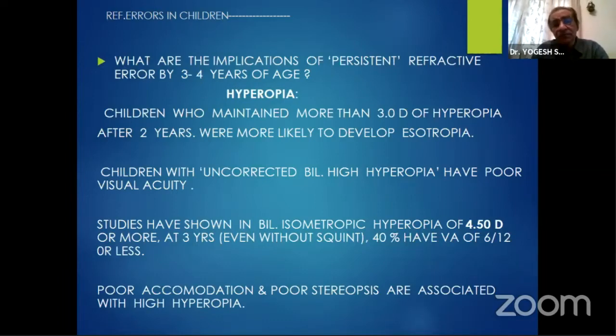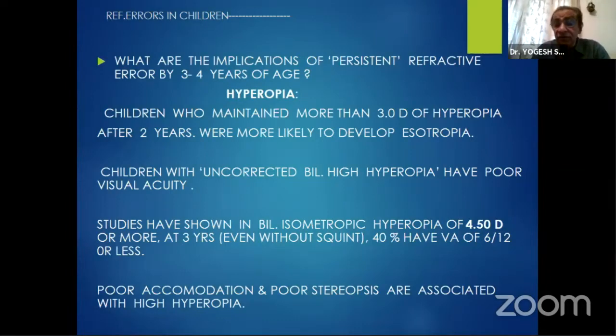In last year's IJO, I have published a big article on accommodative anomalies in children, which so far were not studied and were not relied upon, because it was assumed that in a child the accommodation is flawless, but it is not so. There are a lot of problems with accommodative anomalies in children.